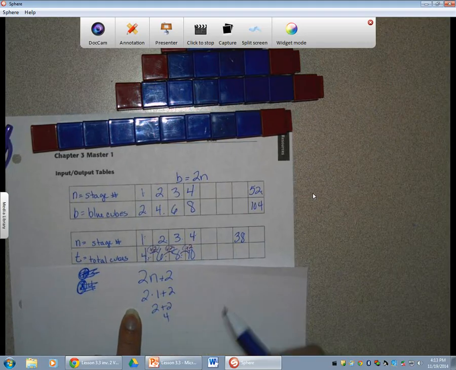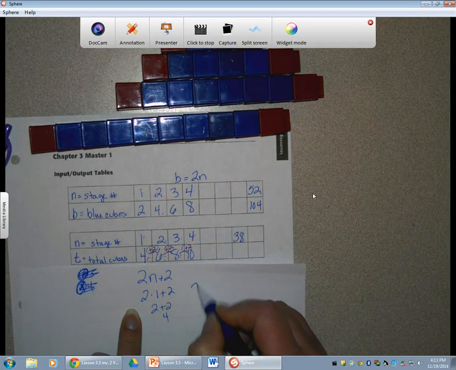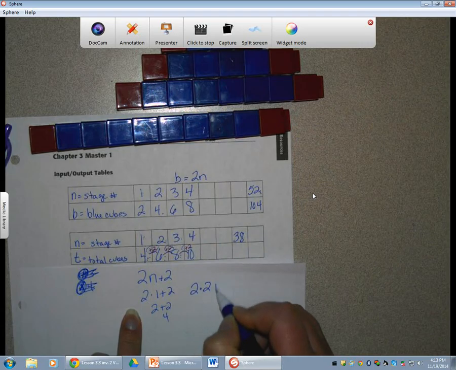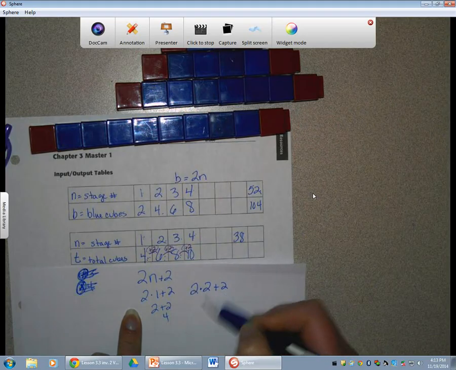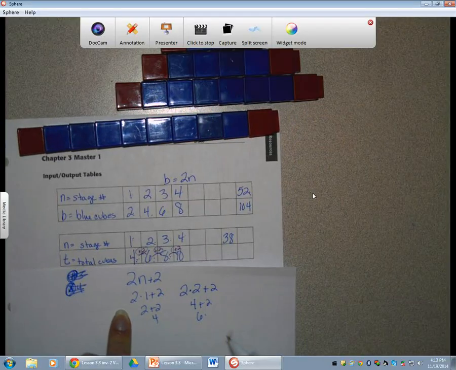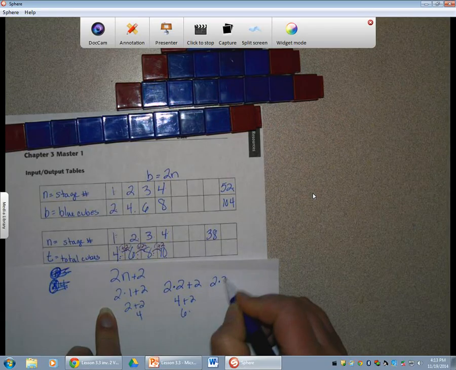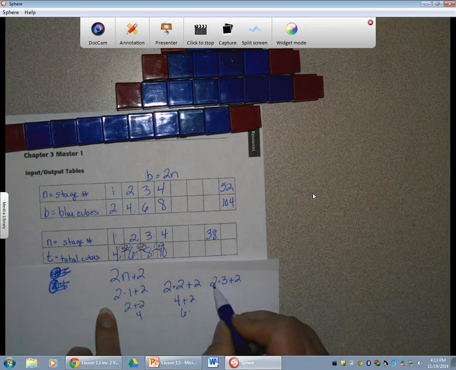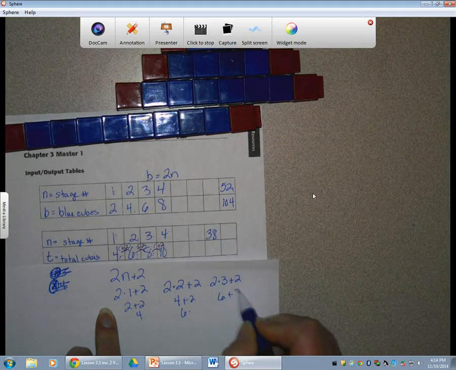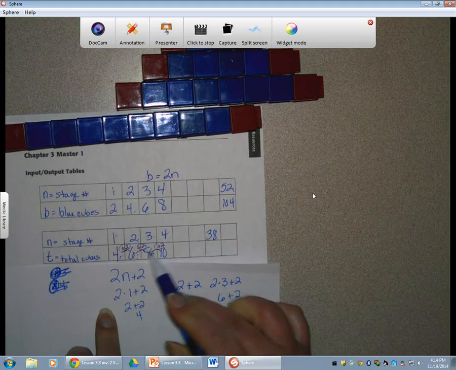Oh, that's right. Let's see. For stage 2, we would do 2 times 2 plus 2. And 2 times 2 is 4, plus 2 is 6. Ooh, this is looking really good. So then 2 times stage 3 plus 2. 2 times 3 is 6, plus 2 is 8. Oh, I think we may have found it.